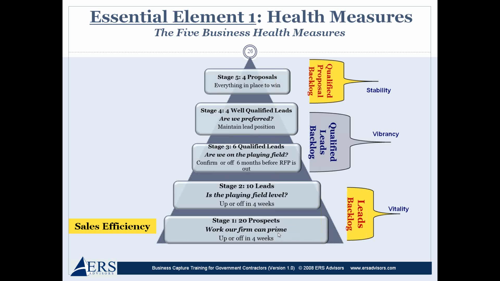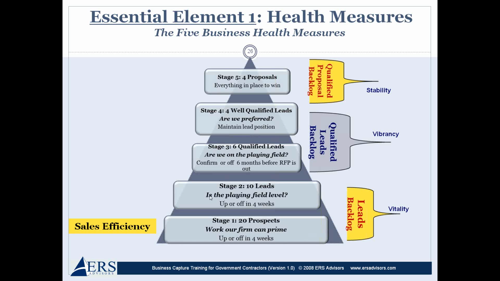Imagine if you were able to get all of those opportunities off of your list in which you've determined that the incumbent is not going to lose regardless of the rumors that you're hearing. What you've got left are opportunities in which you are on the playing field. And if you only bid opportunities in which you're on the playing field, your win rate has got to go up.